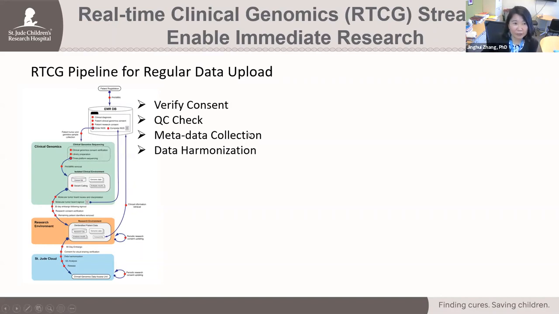This verification is done on a regular basis because we also need to verify there's no retraction of the consent, and if a retraction happens, we pull the data set out of St. Jude Cloud to ensure compliance with the current status of the consent. The other steps are an extensive QC check and metadata collection. We also perform data harmonization to ensure that the ClinGen data are in sync with what has already been uploaded on St. Jude Cloud.